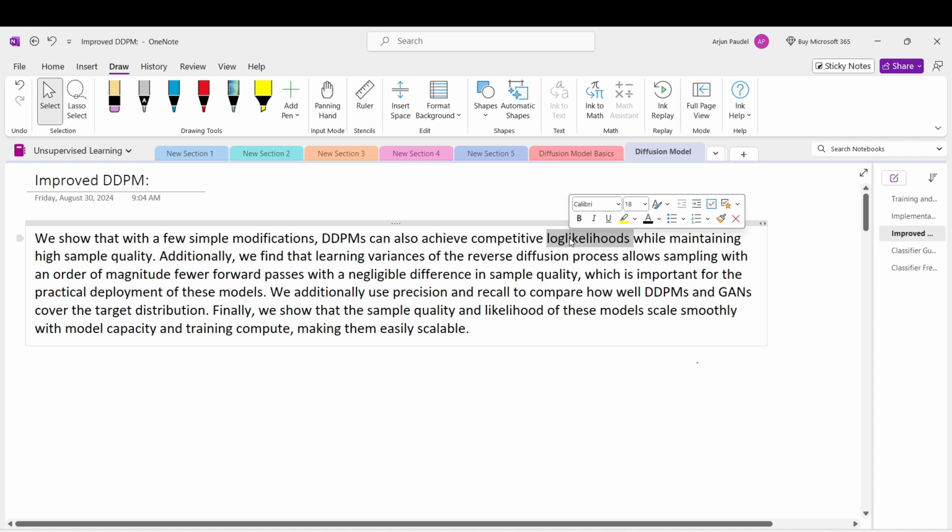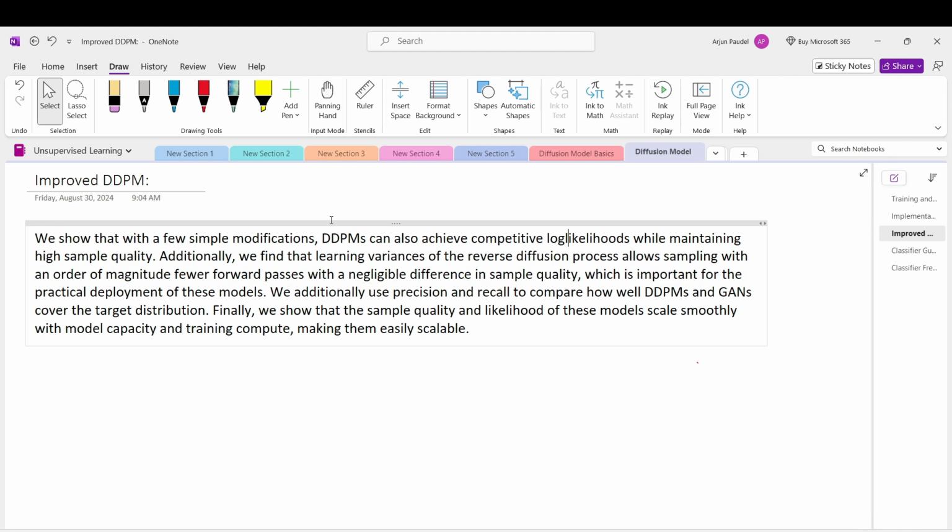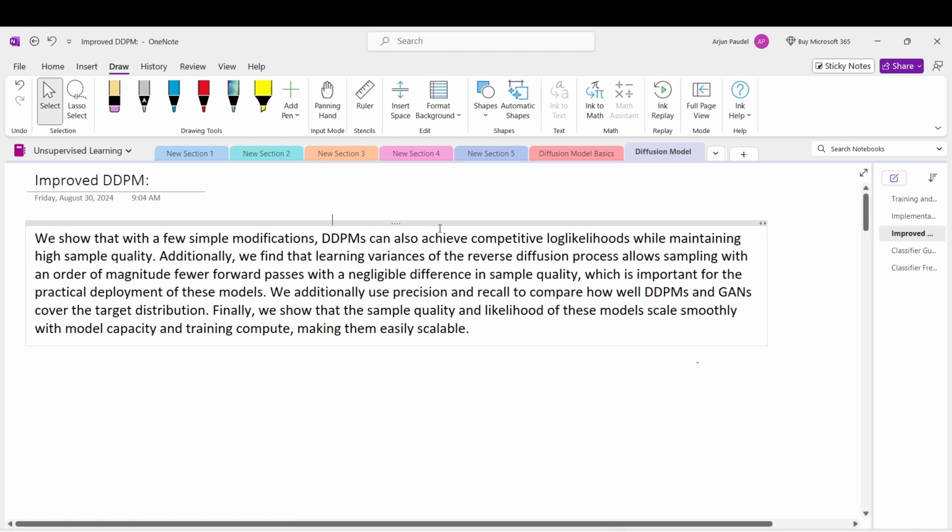Diffusion models at that time, in 2022, generated samples with high quality, but the log likelihood of DDPM was not competitive with the state-of-the-art likelihood of other likelihood-based models. So with some modifications we can achieve competitive likelihood while maintaining high sample quality.